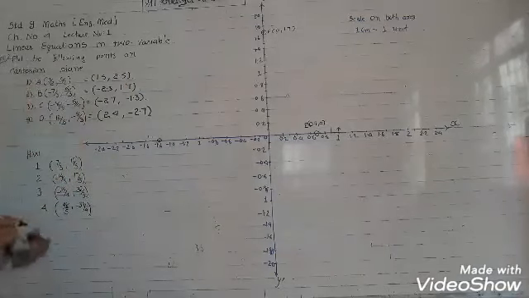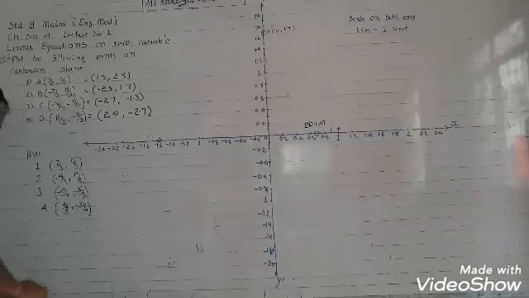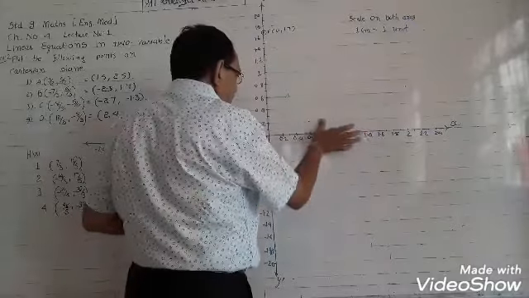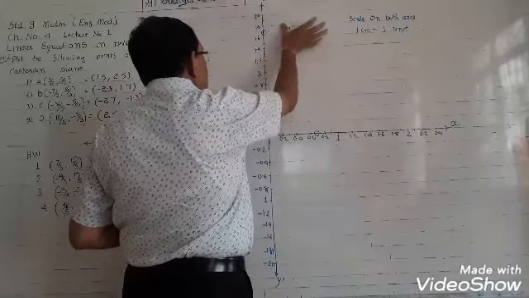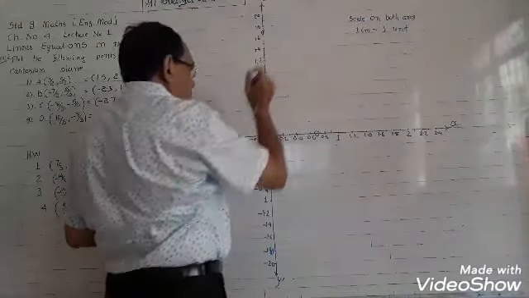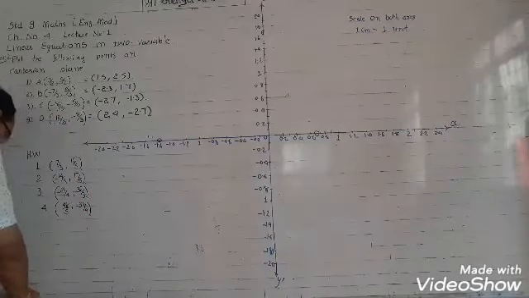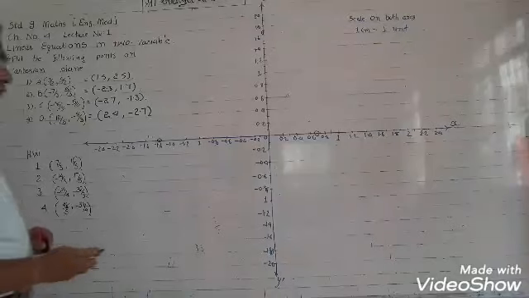Now if you have to plot, you can do it fast. So there is nothing, only one step: convert the fraction into decimal form, then plot it as we did in example number 1. 1.5, where is 1.5 and 2.4?